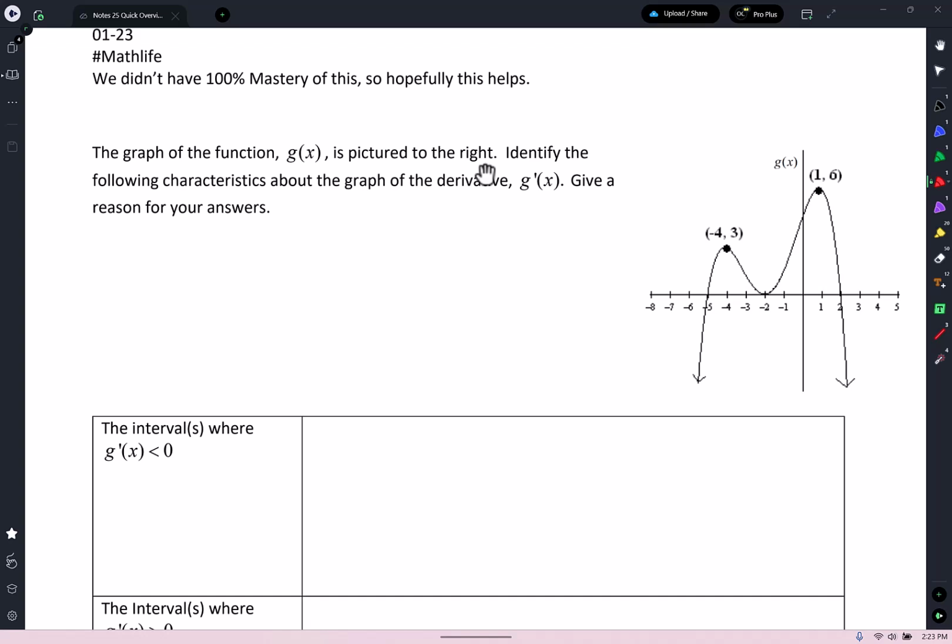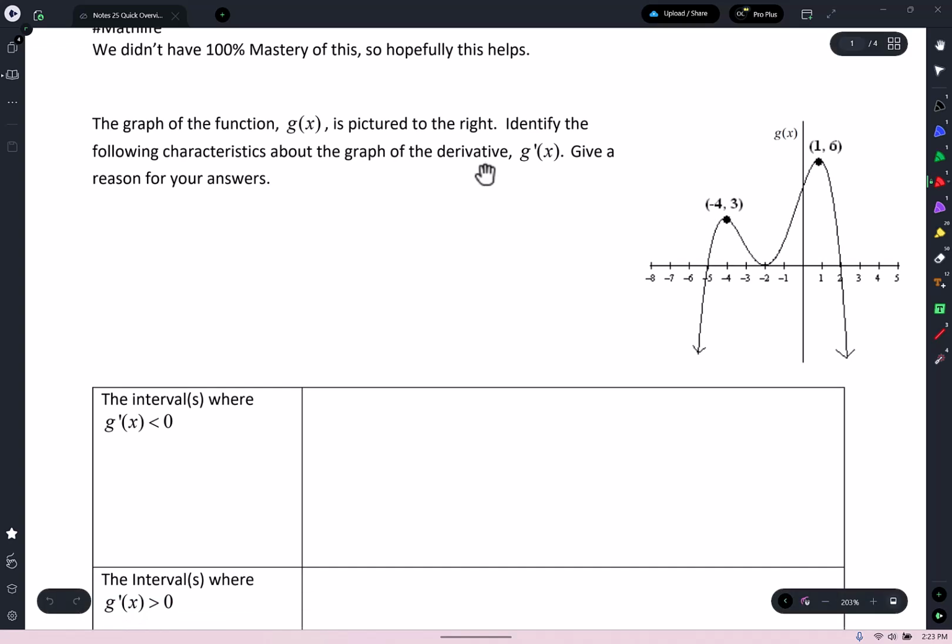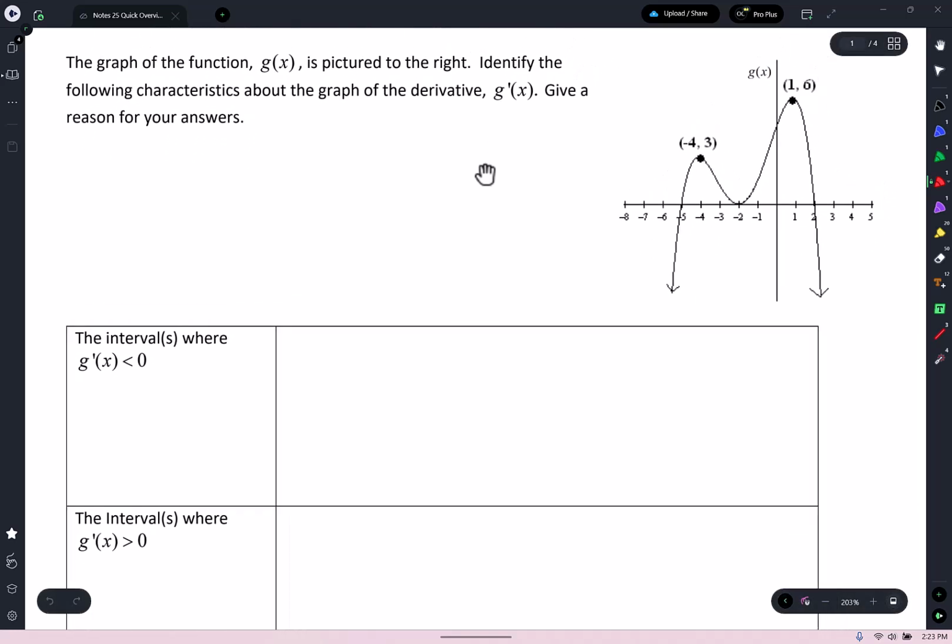So here you go. I have a g of x picture to the right, and it wants me to identify certain characteristics of g prime, the derivative. It wants me to label the intervals where g prime is negative. Well, g prime is negative whenever g is decreasing. For the purposes of this, it says g prime less than 0, so I'm just going to put everything in parentheses.